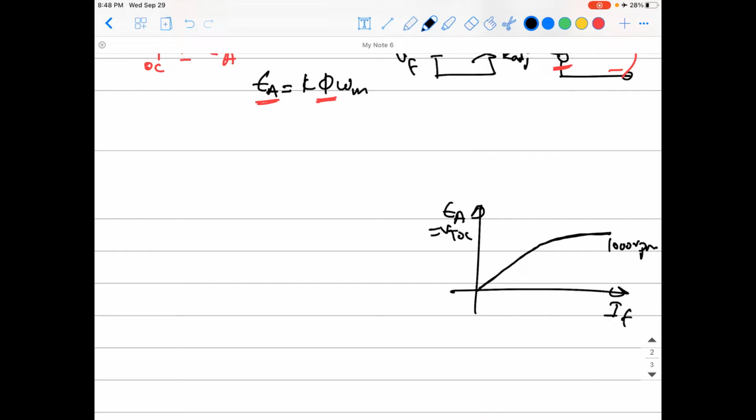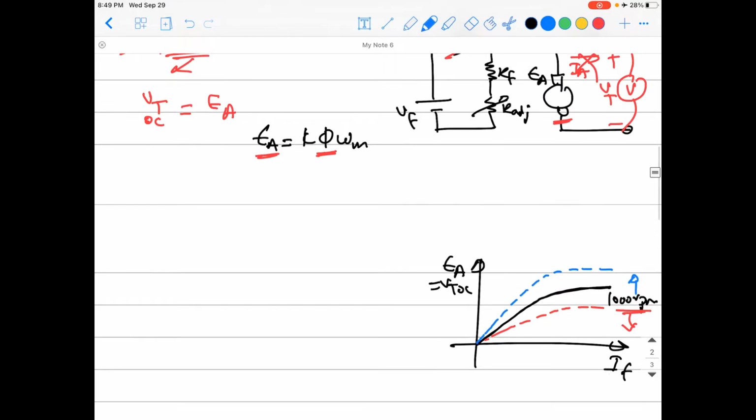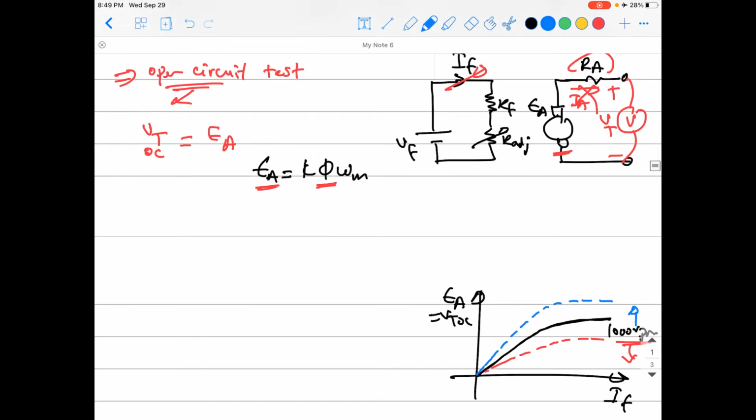Okay, guys? If you just play with the speed, you will have something different. If you reduce the speed, it will give you another curve like this. If you increase the speed, you will have a curve like this. So you have different curves for different speeds, and that makes sense because you just use these equations to solve it.